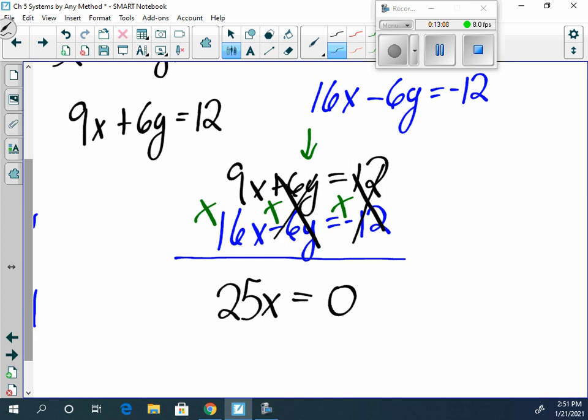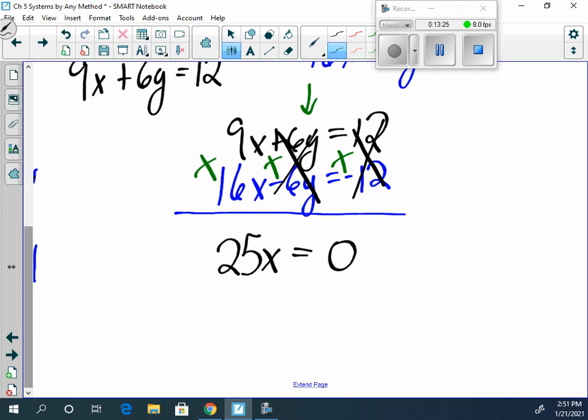So when I combine those two equations by adding, did one of the variables cancel out? Yes. One of the variables canceled out. So now we can solve for the other, yes? So what can we do to solve for the value of x? We can divide both sides by 25.